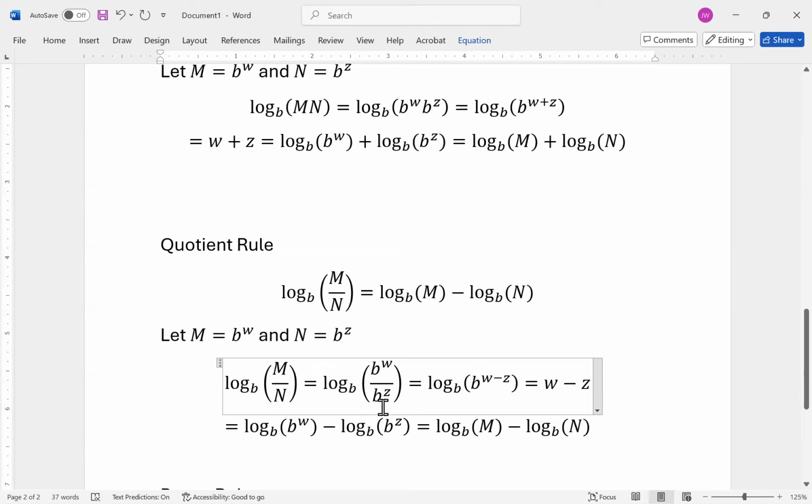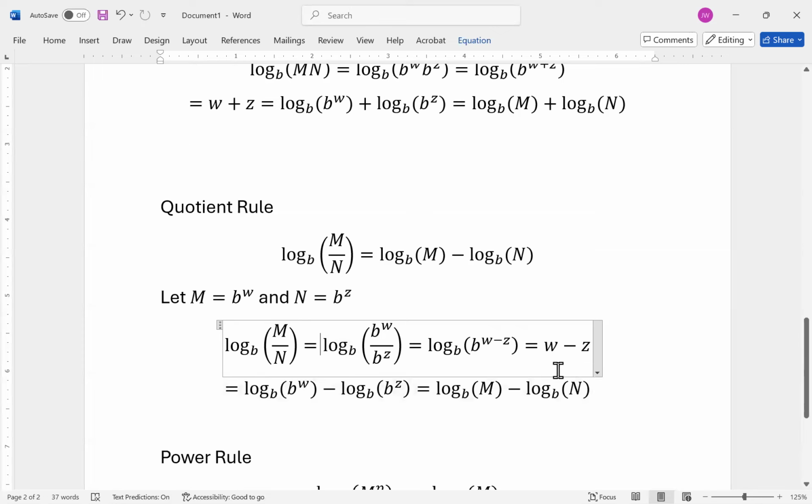Well, using the quotient rule of exponents, b to the w divided by b to the z is b to the w minus z power. The exponent logarithm inverse property says that this becomes the exponent w minus z. And we know through the log exponent inverse property, w is the same thing as log base b of b to the w. z is the same thing as log base b of b to the z.